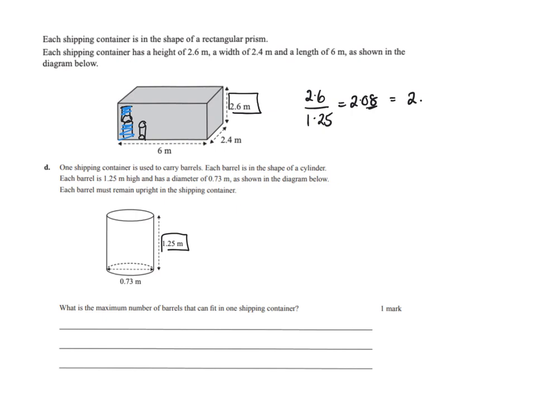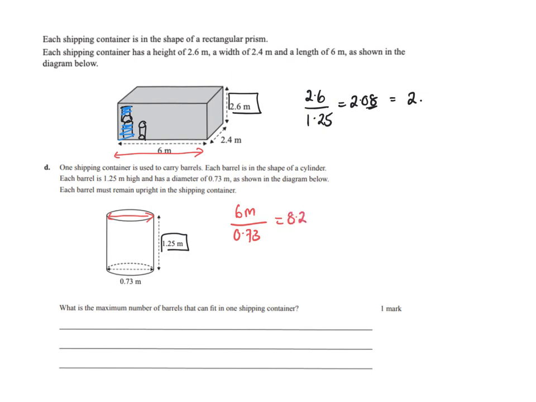Now how many can we get across like that? When we're thinking about that, that would be the diameter. I've got the diameter, so how many can I fit across 6 meters? If I do 6 divided by the diameter, 0.73, I get 8.2.